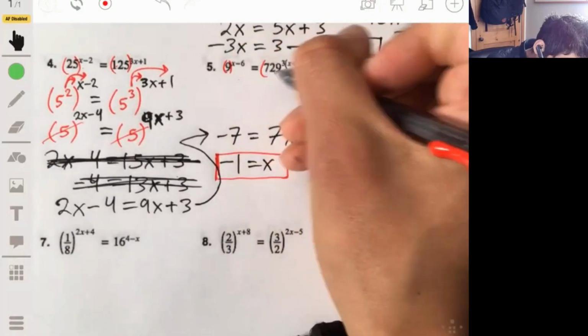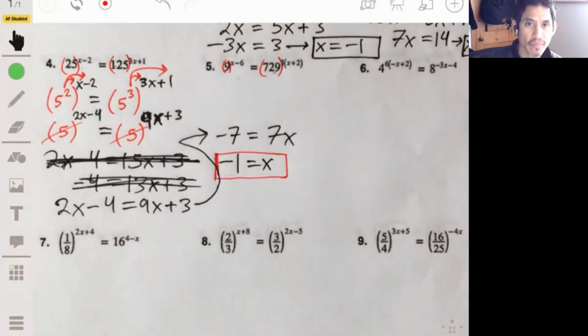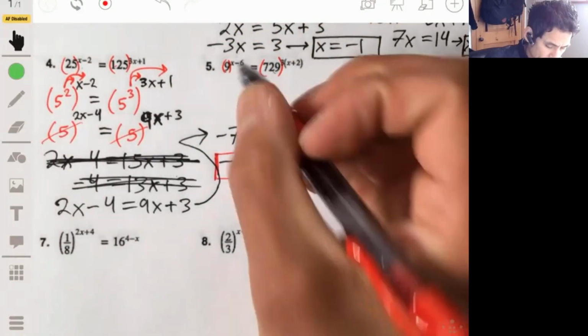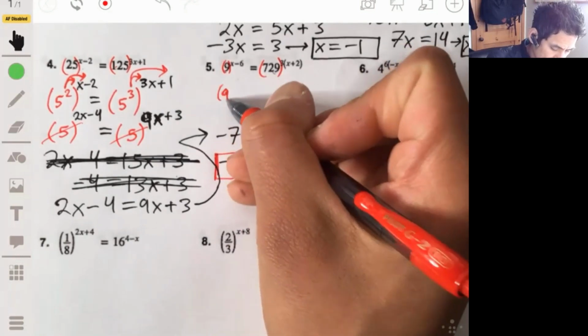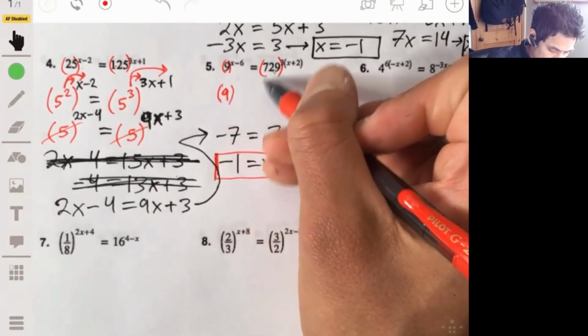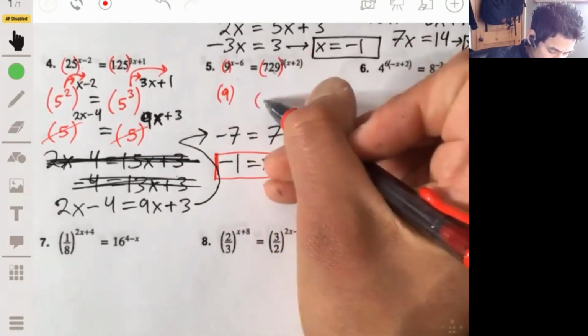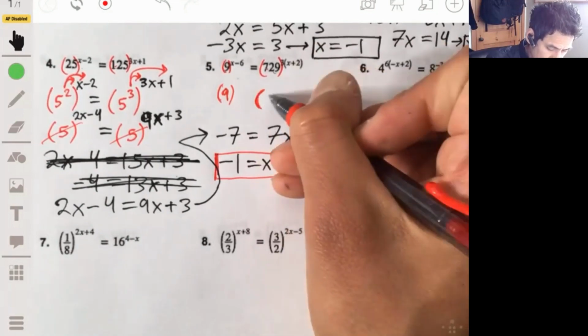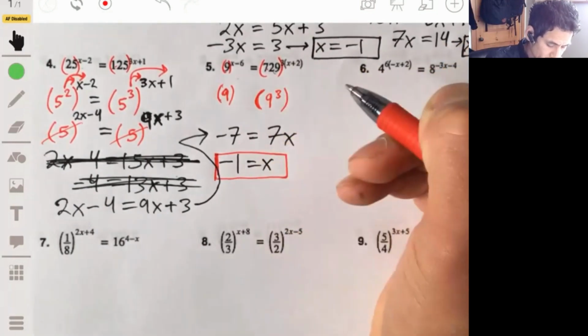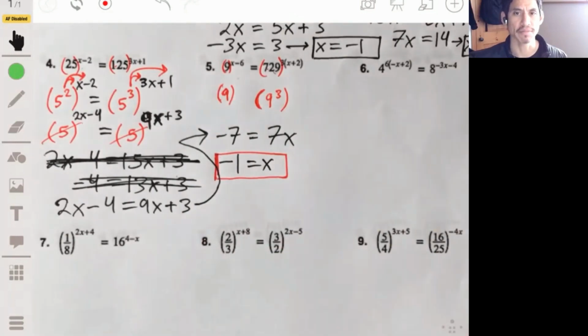The bases are 9 and 729. We're going to have them both be bases of 9, because you can write 729 as 9 to the third. 9 times 9 is 81, and 81 times 9 is 729.